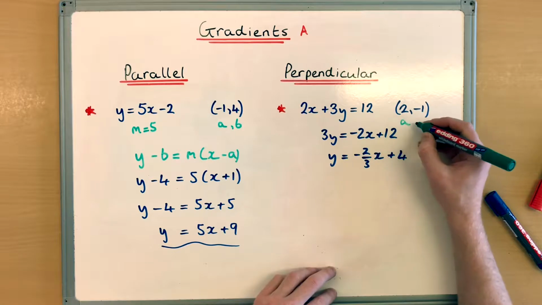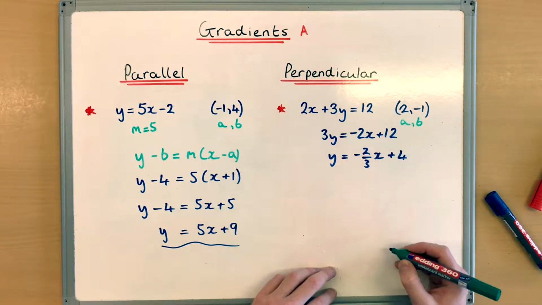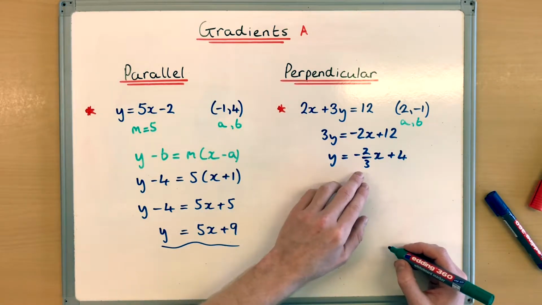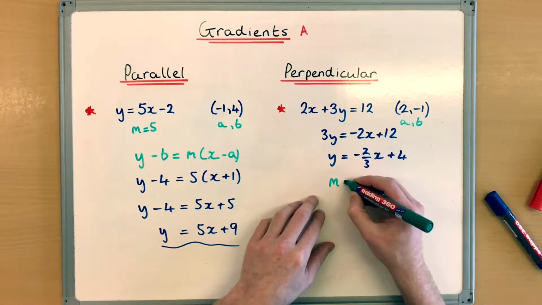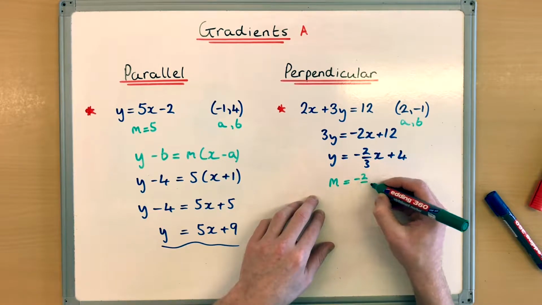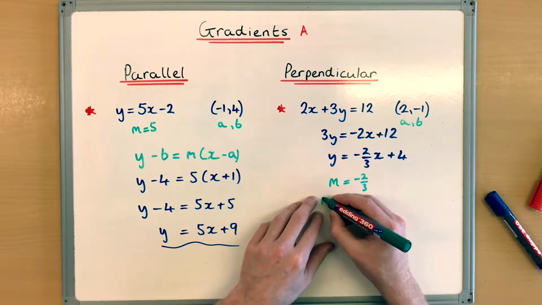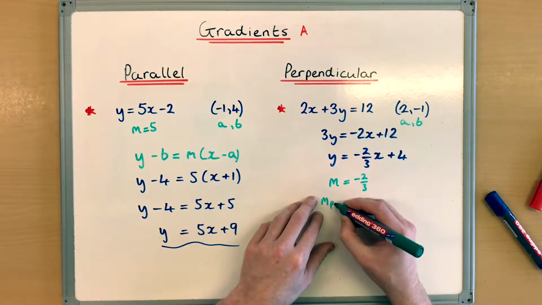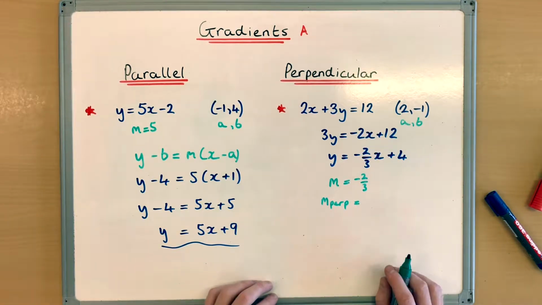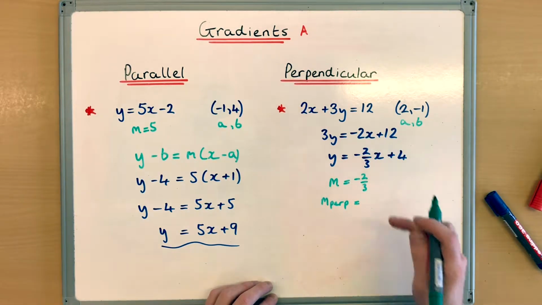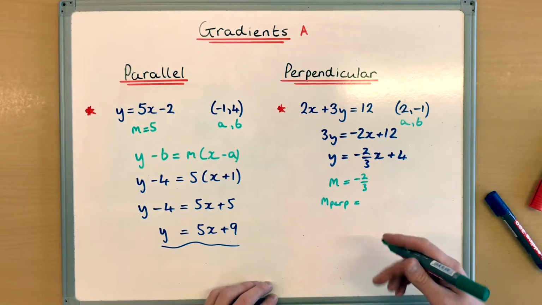So we can take these as the points A, B, and we can now take the gradient. Well, the gradient of the line here is minus 2 over 3, and the gradient perpendicular to that, I often write m perp, but you may have been shown a different way to write that. The perpendicular to this is going to be positive 3 over 2.